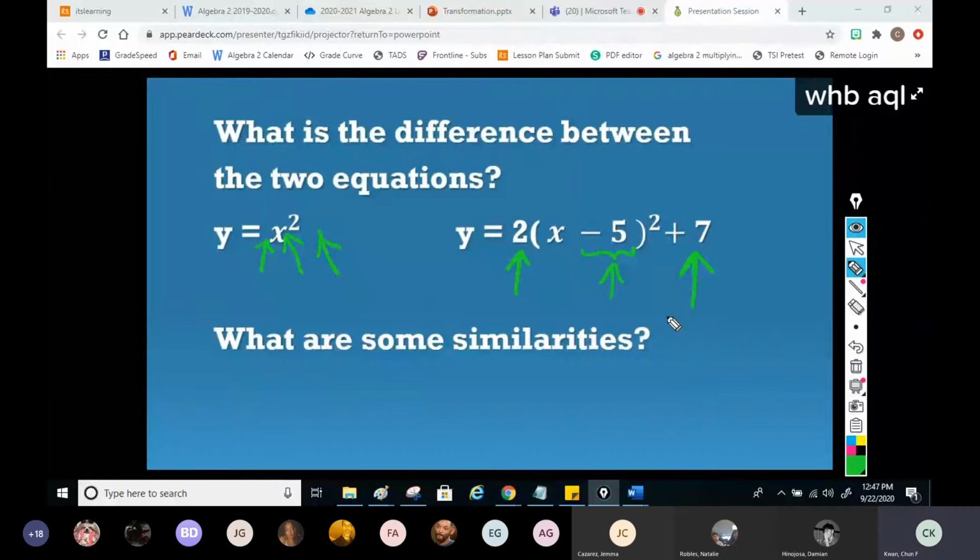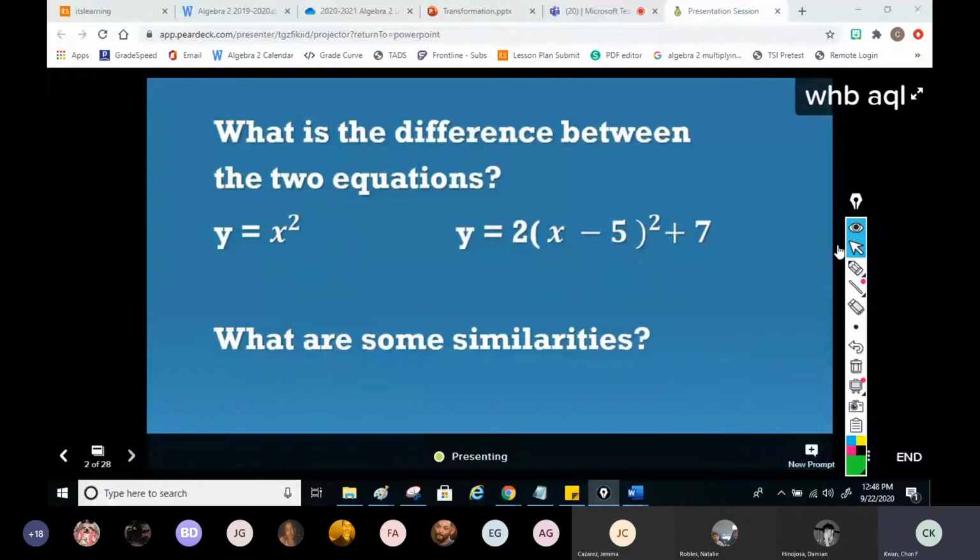The graph is going to shift up or down, left or right, okay? So today we are going to be talking about how these numbers in the front, in the back, and in between the x and the square change the function. All right, so this is what we're going to talk about today.